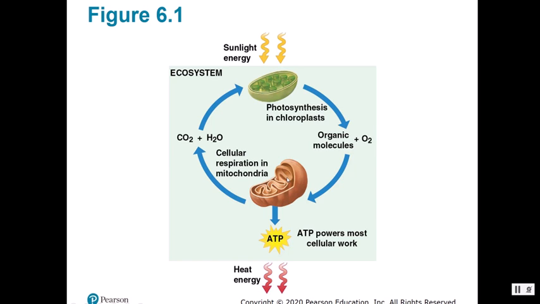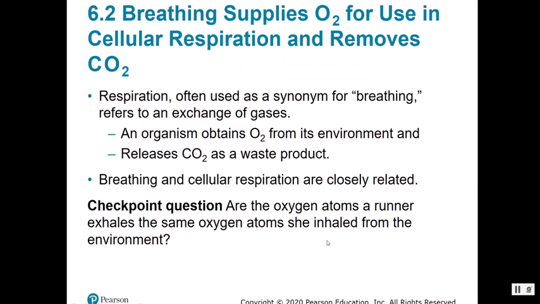Whereas mitochondria are going to use glucose and oxygen, and they're going to break down and produce CO2 and water, which again, chloroplasts would use. Now, in this process, energy comes in, but ATP is produced from cell respiration, and ATP powers all of the cell's work. And then, of course, you also see that we release some heat energy as well.